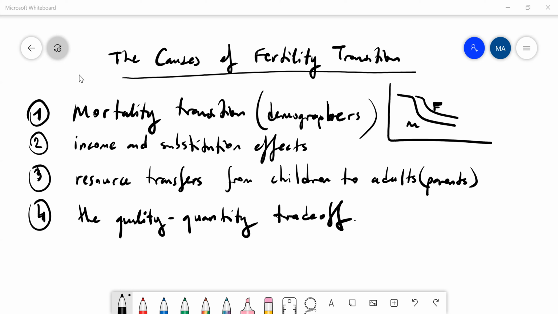Because today, if you look at the data, rich countries all have very low fertility levels, okay? So I'm going to explain these reasons after the break.